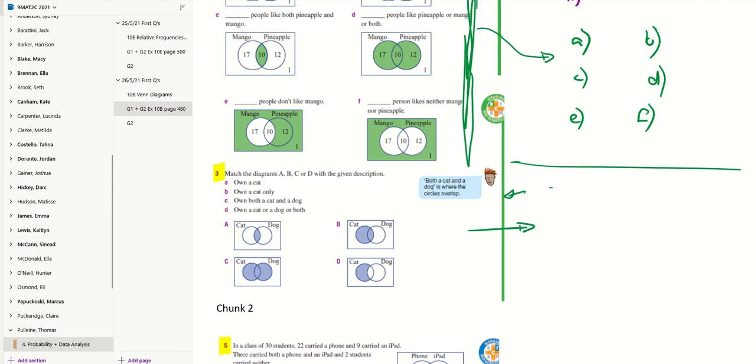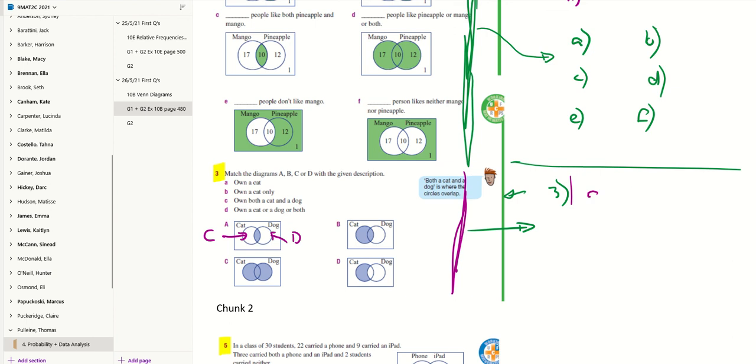All right, it's the last one, question 3. Let's go, we just change colour pens again so it's clear. Question 3, we are looking at this one. And it's asking just to match up the diagram A, B, C, D with the descriptions. Now, this left circle is cat. Right circle is dog. So I've just put those letters there.